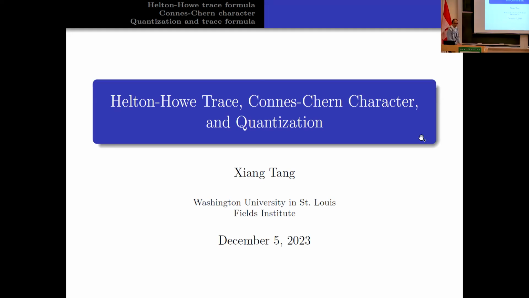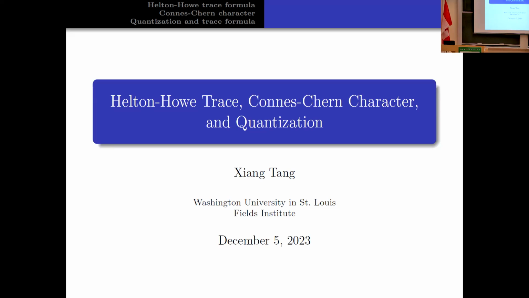What I'm trying to explain to you today is that these are classical objects in non-commutative geometry. My hope is to explain that we can try to put these classical objects into a family.